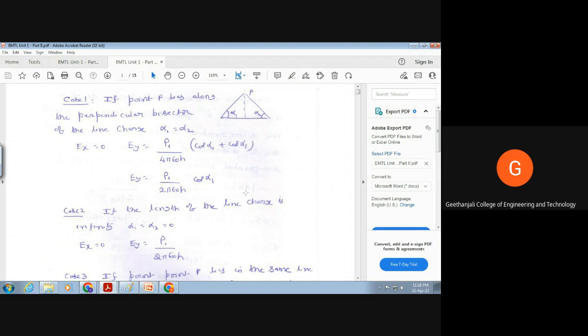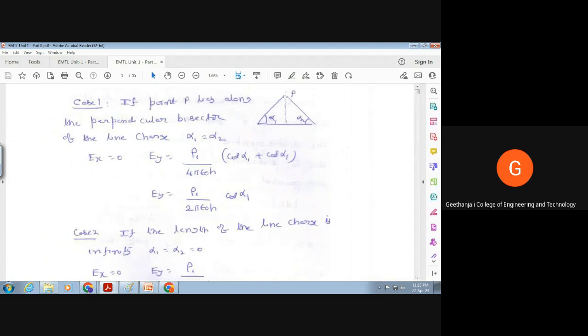Now let us discuss a few cases here. Suppose point P lies along the perpendicular bisector of the line charge. That means alpha 1 will always be equal to alpha 2. You take any point along the perpendicular bisector, alpha 1 will always be equal to alpha 2. So what is the x component?